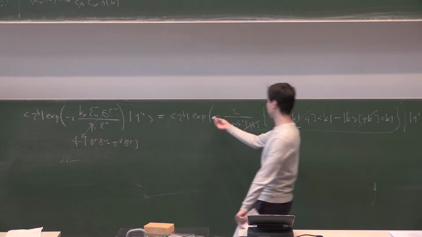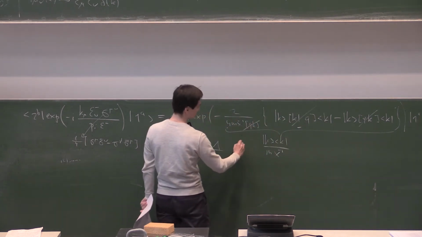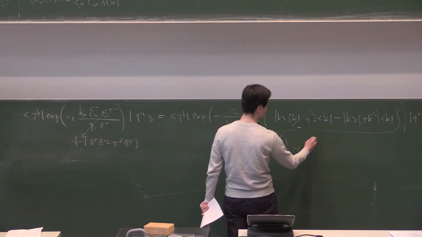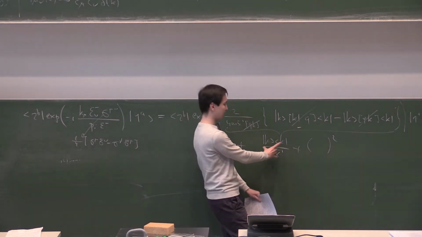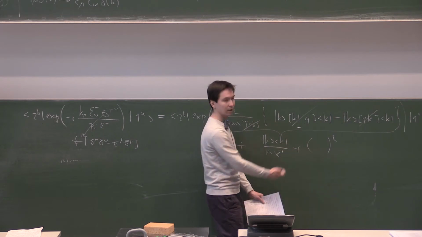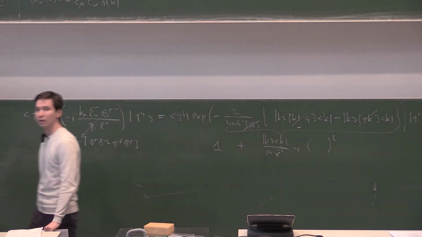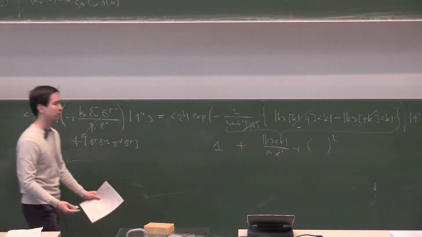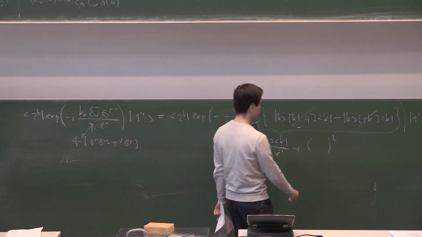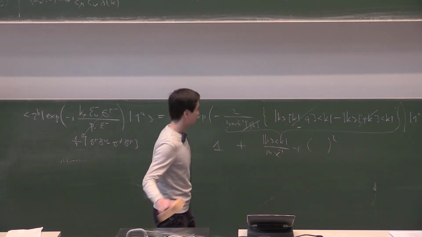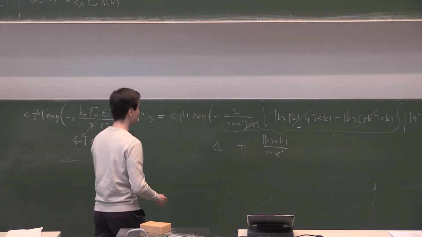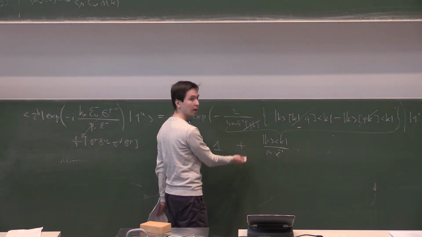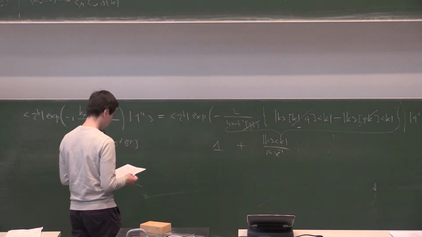So if you expand this exponent, you will have to write 1 plus this plus the same thing squared. But when you act with k on k, you will get a spinor product of k with itself, which is 0 by antisymmetry. So in this representation, which is just spin 1 half, you will only get 2 terms out of the exponent.